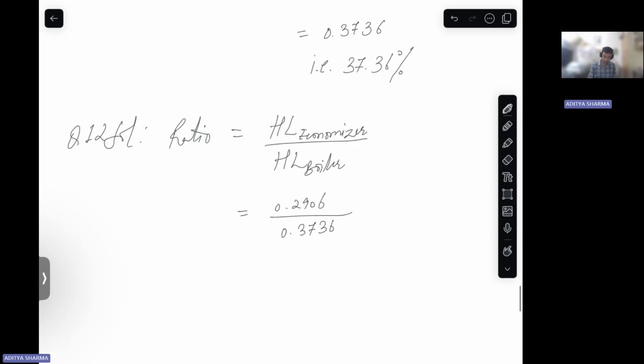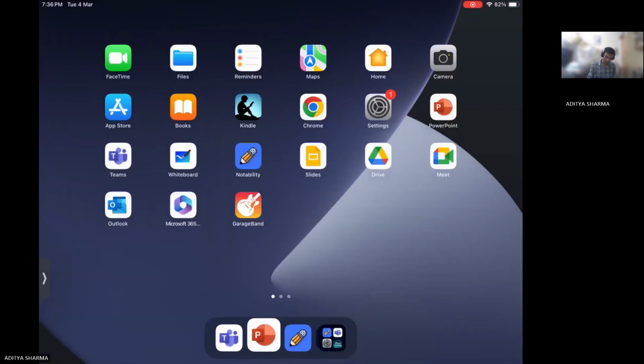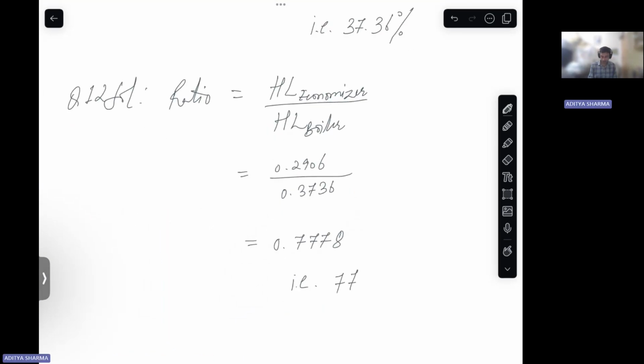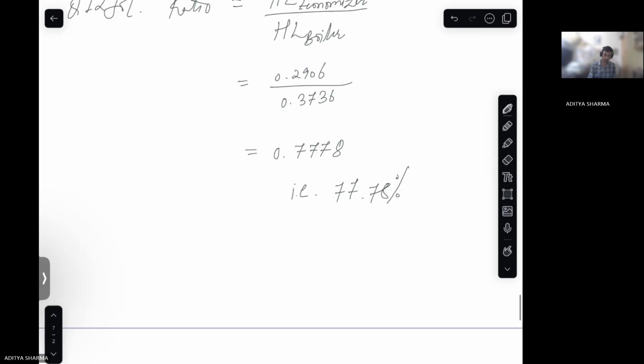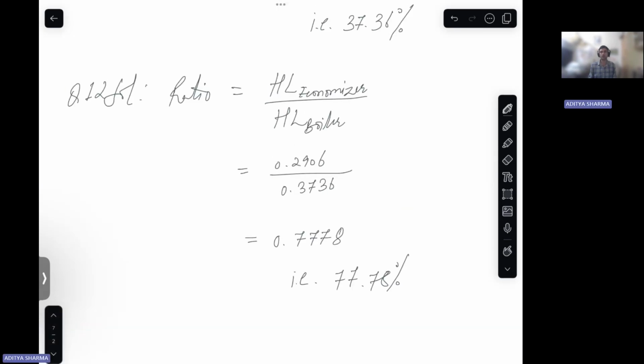So this comes out to be 0.7778. So in terms of percentage, if the question asks, this is 77.78%. Okay, so this is your question number 12.